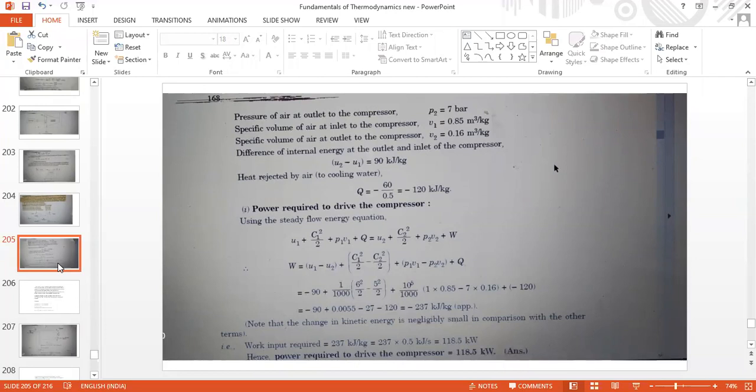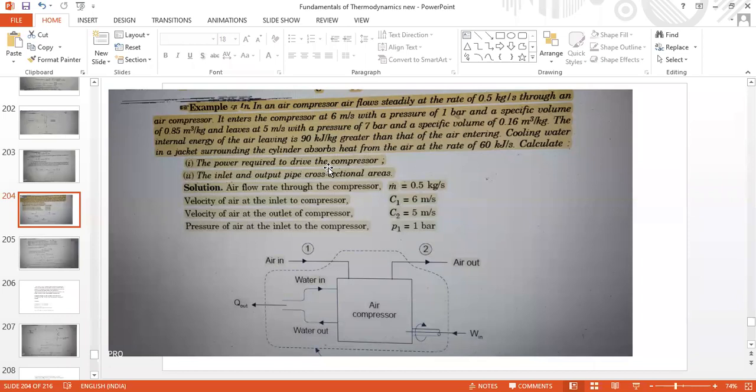So for a power producing device, when all the terms are substituted, you will get a negative sign, meaning that the device is consuming power, it is taking power. And here it is kilojoule per kg, when the steady flow energy equation is substituted on a unit mass basis. Because this is in kilojoule per kg, and because you are asked to find out the power required to drive the compressor, the power unit has to come.